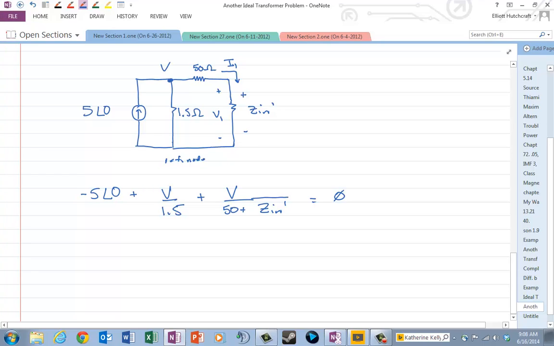Notice that this current I1 is equal to V over 50 plus Zn prime. And we can also write V1, which we'll likely need to know, as I1 times Zn prime.